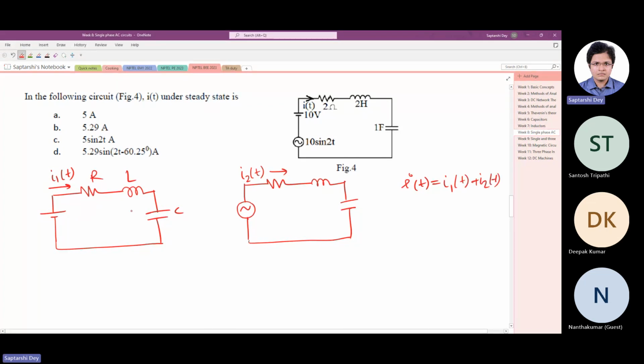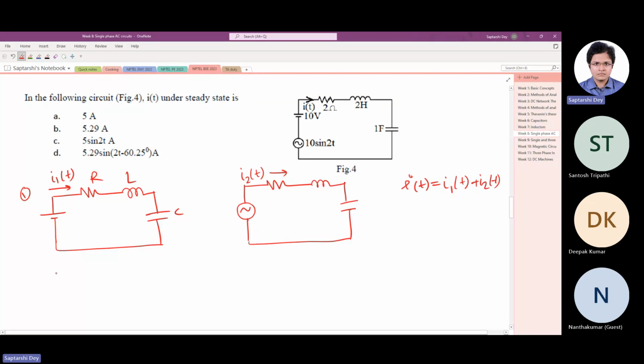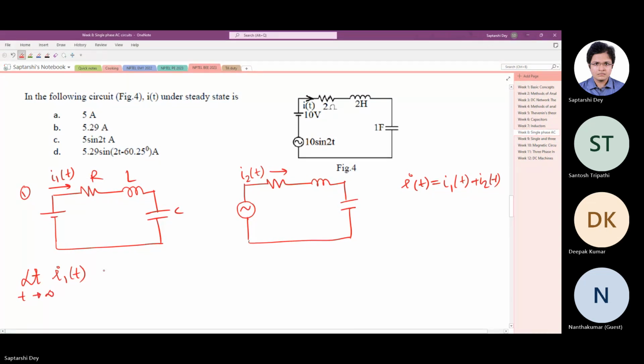Now, in the first circuit, the DC circuit, what is the steady state value of the current? What will be I1 at steady state? It will be 0 because it has a capacitor in series.